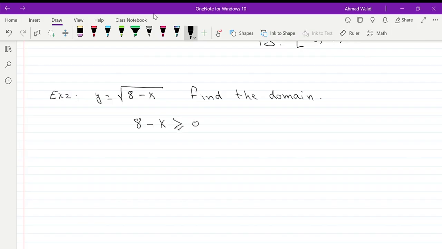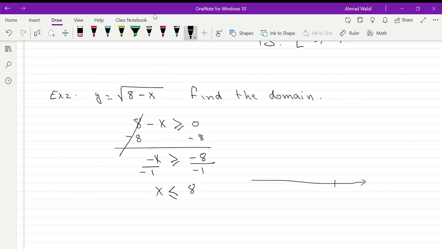Set it like this. Subtract 8 from both sides. These two cancel out. Negative x greater equal negative 8. Divide both sides by negative 1. You are a good student. I know every time that you divide an inequality by a negative number, you flip the symbol, right? Then x less than equal 8.